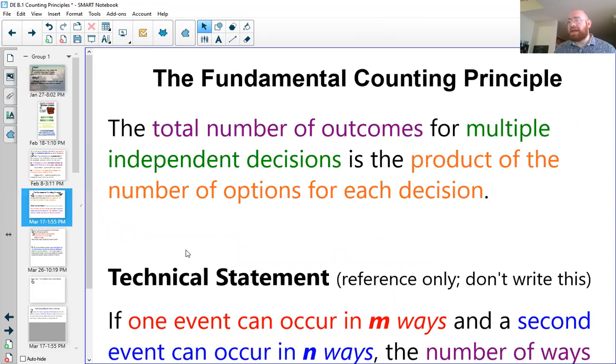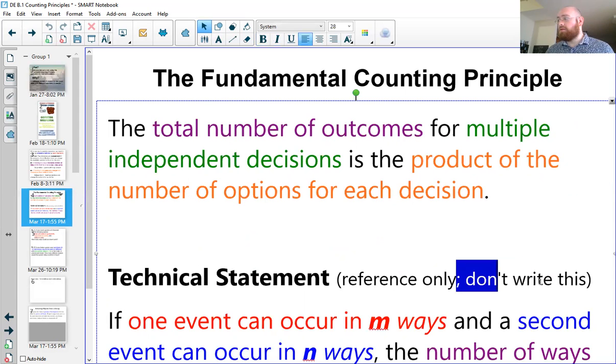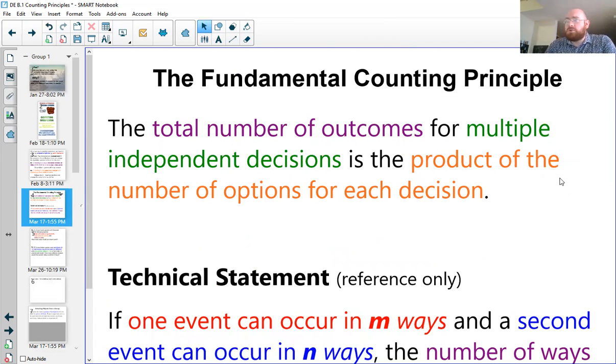The fundamental counting principle says the total number of outcomes for multiple independent decisions is the product of the number of options for each decision.